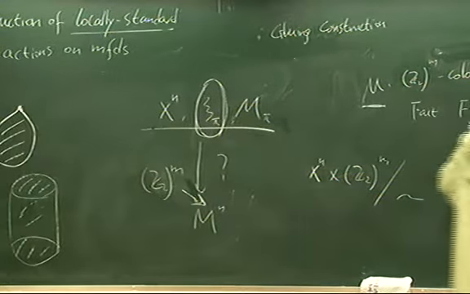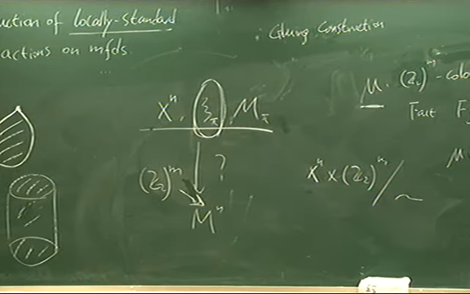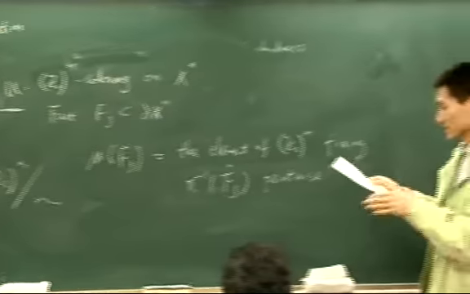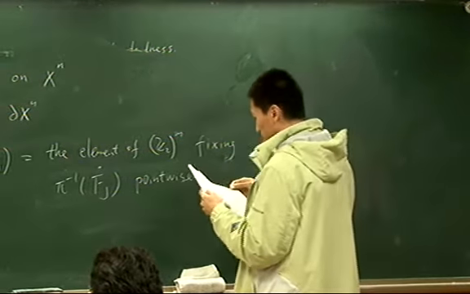So what I did here is to interpret the principal bundle as some sort of coloring on a manifold with corners. But that manifold with corners is not Xn itself. I will explain the meaning of that manifold.